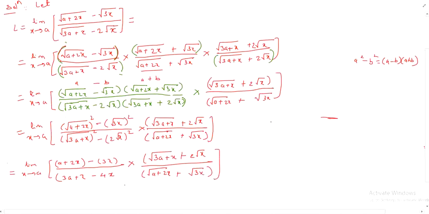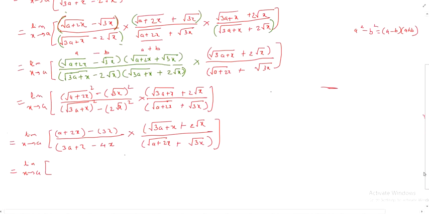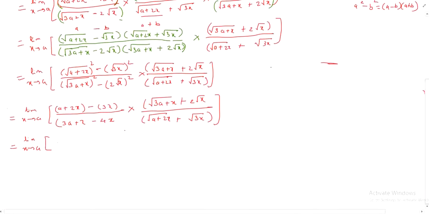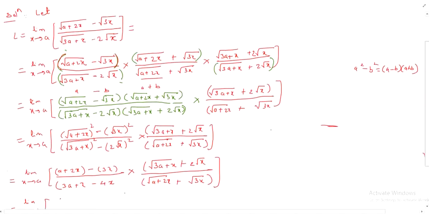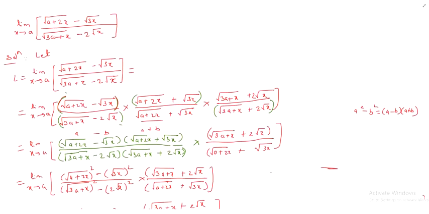Now here look at these terms, a plus 2x and this 3a plus x, and here 2 root x, that is 4x. Now can we collect these terms? So limit x tends to a in bracket, so let us see. Here a remains as it is, okay. Let us verify the example first. 3a plus x minus 2 root x.